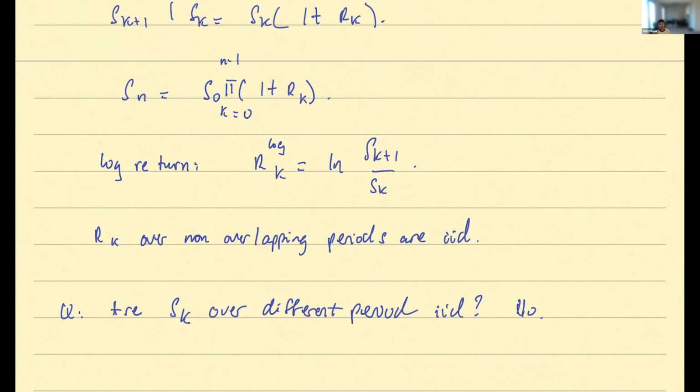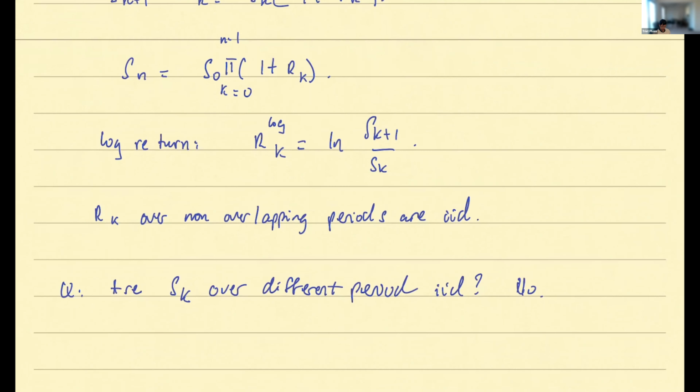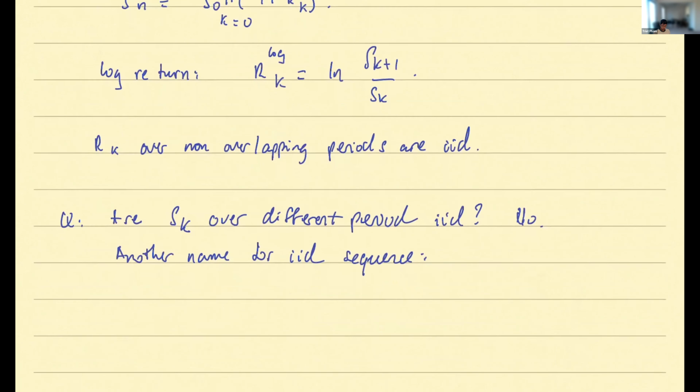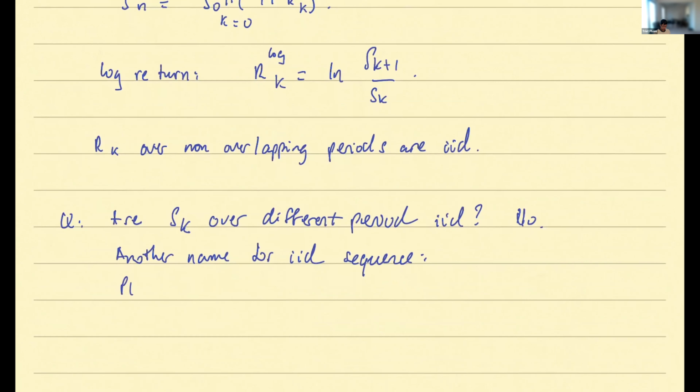Now, what is another term for IID? Also, if you plot a time series of an IID sequence, what are you expecting? These are visual checks, for example, that something's IID.